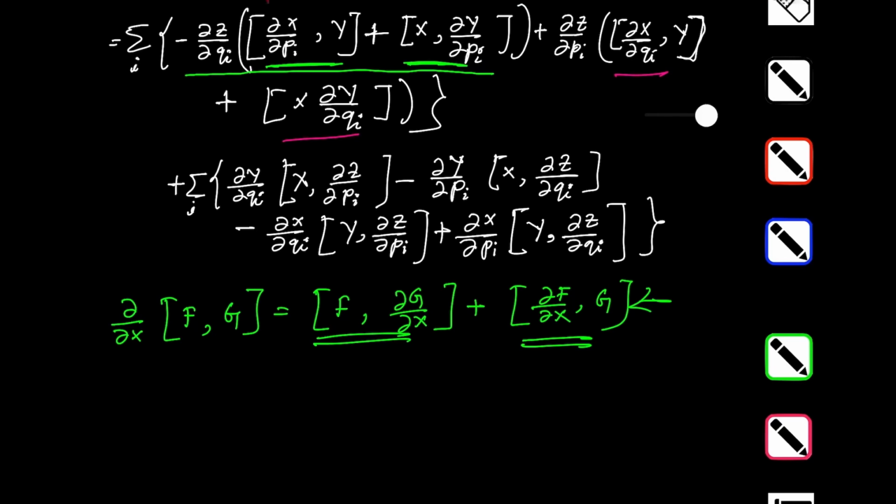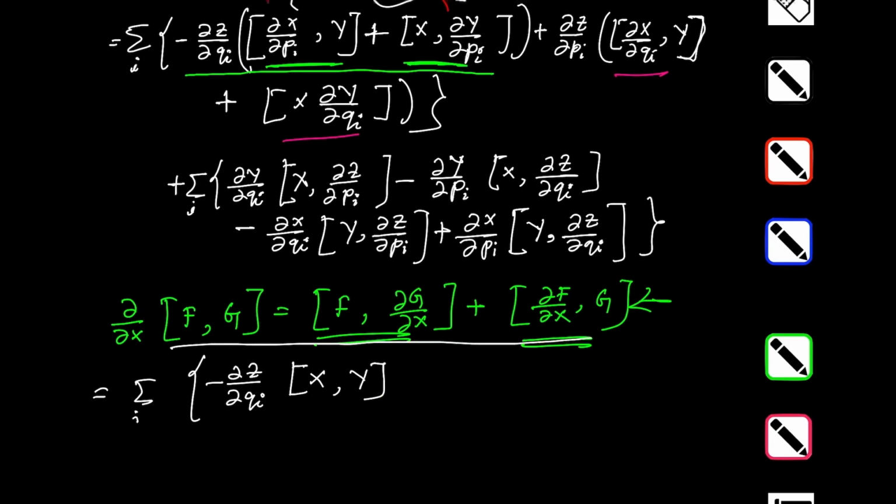Then this result can be written as summation over i, and outside a bracket we had del z by del qi, and this part will become Poisson brackets of x and y, according to this identity.